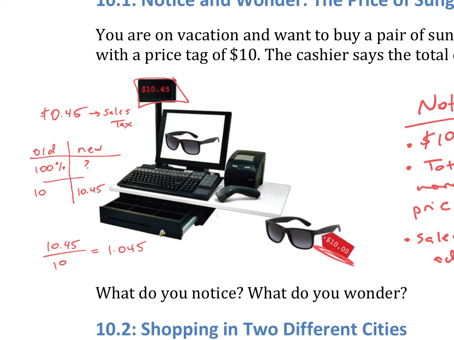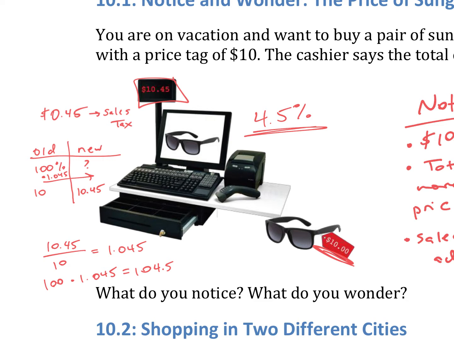So I know I'm multiplying by 1.045. 100 times 1.045 is equal to 104.5. So we can see that this is an increase of 4.5%. So in this case, this is how much sales tax they're paying.